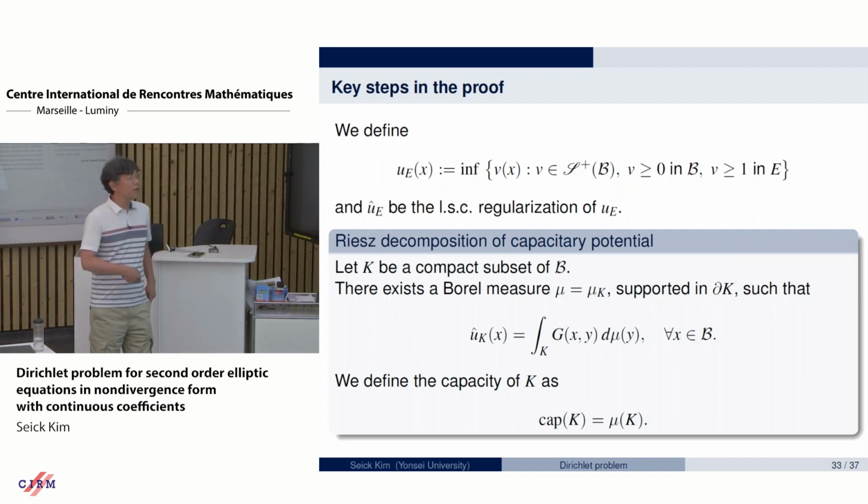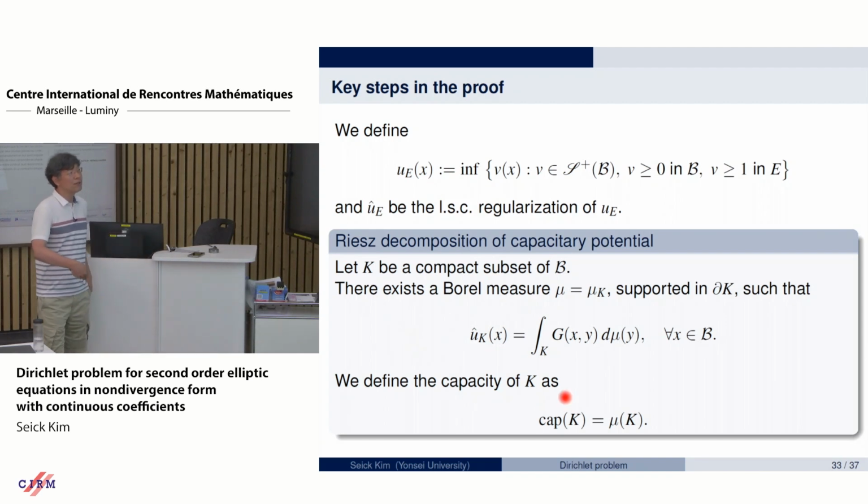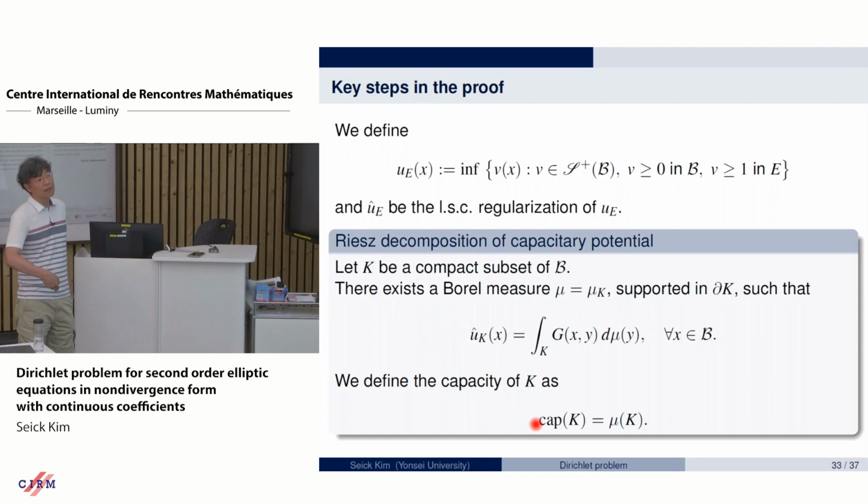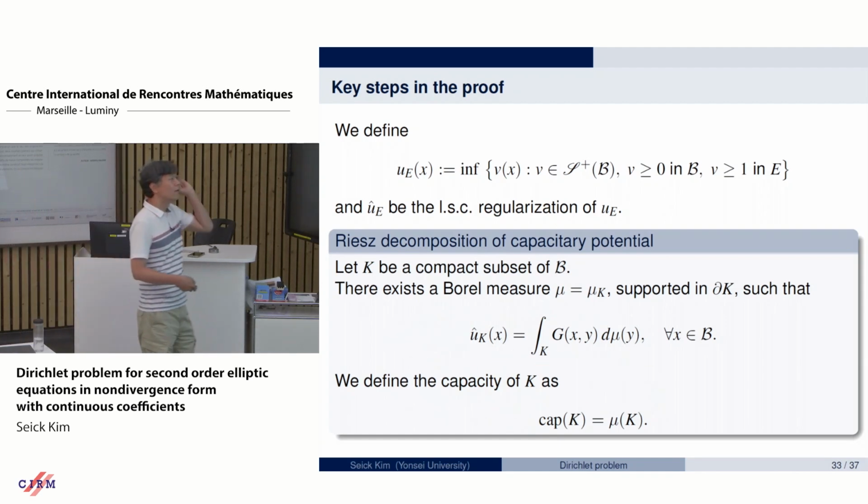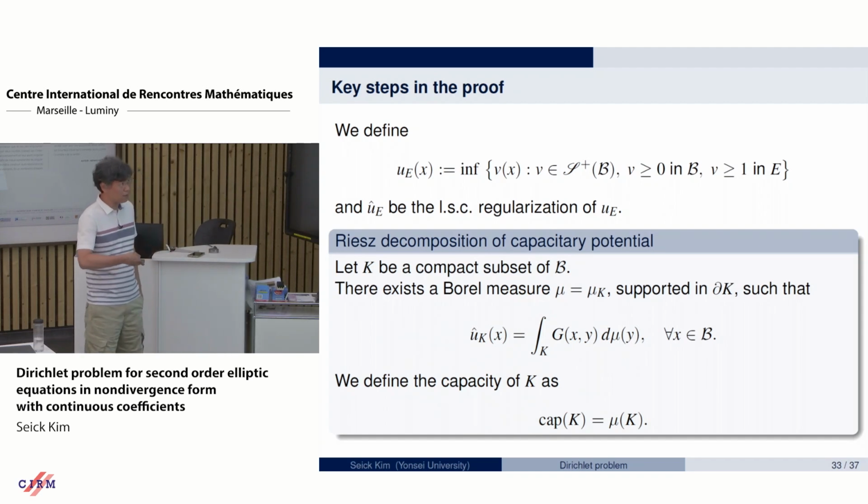Then I claim that this potential can be represented as an integral against a certain measure, which is supported on the boundary, and I define the capacity like that. I'm going to explain this a little bit here.